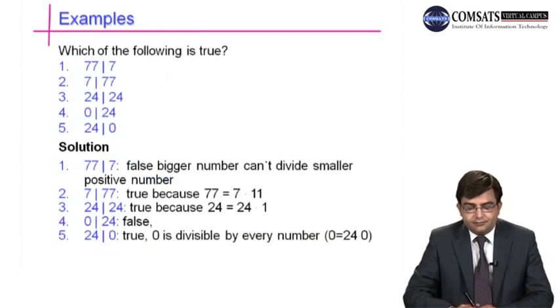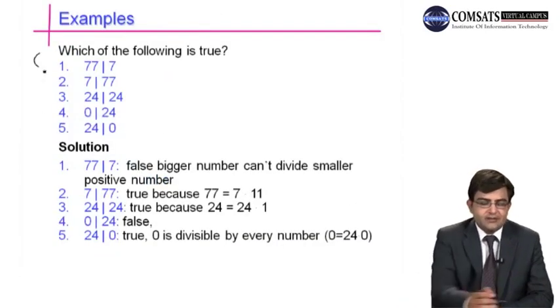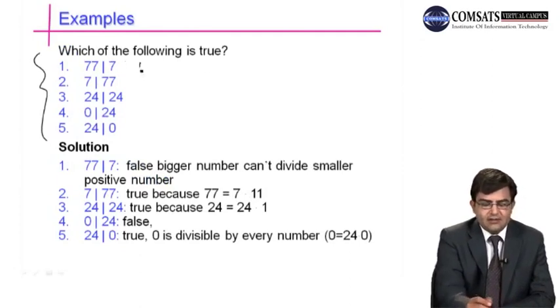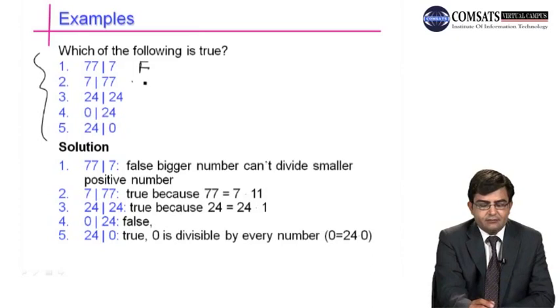For example, which of the following is true? 77 divides 7. Is it true? No, this is false, because 77 doesn't divide 7. Second, 7 divides 77.